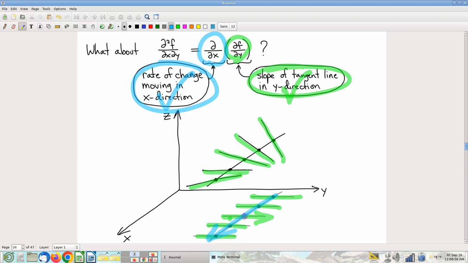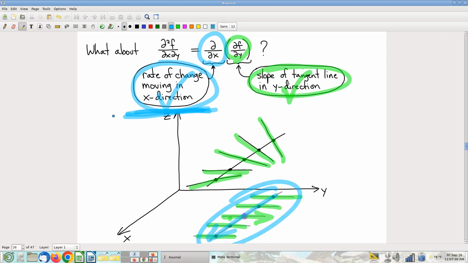So I can entertain the question of, as I move in the X direction here, see I have drawn in blue, as I move in that X direction, how are these Y slopes changing? Right? And notice what I have drawn here. This slope is very negative, and then still negative but less, and then barely negative, and then 0, and then slightly positive.